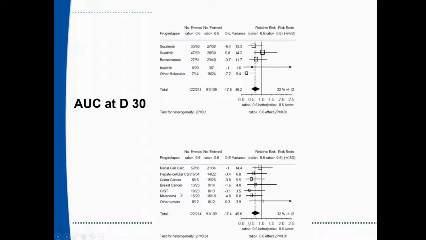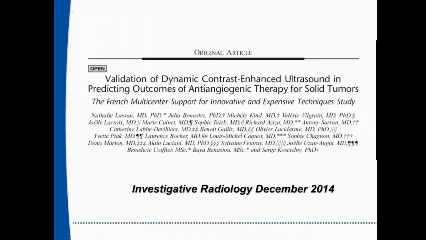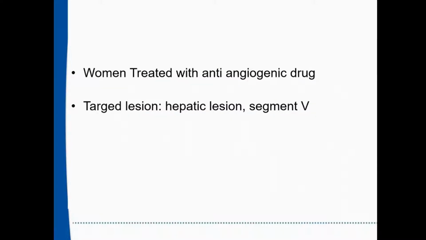And it is the same for the tumors. As we don't have significant heterogeneity, we can use a decrease of 40% at 1 month for renal cell carcinoma, HCC, colon cancer, breast cancer, and GIST. We published this in a second article in Investigative Radiology in 2014.